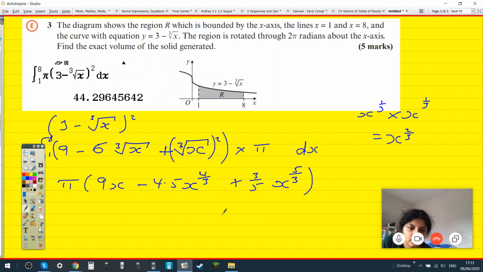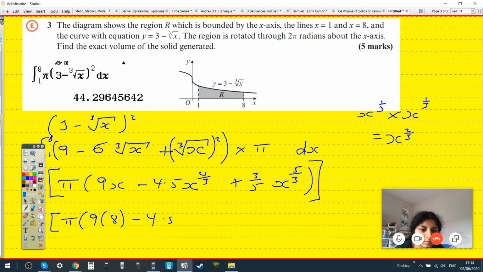And that's all times pi? Yeah. Does that get any simpler, or is that it? And then you have to substitute the limits, like 1 and 8. I have to sub in 8 and 1 and take them away? Yeah. So x is 8.